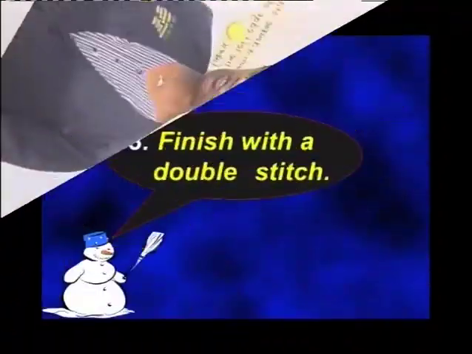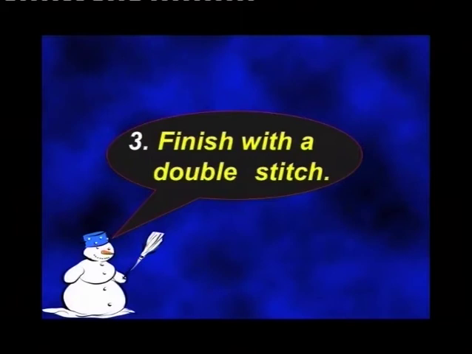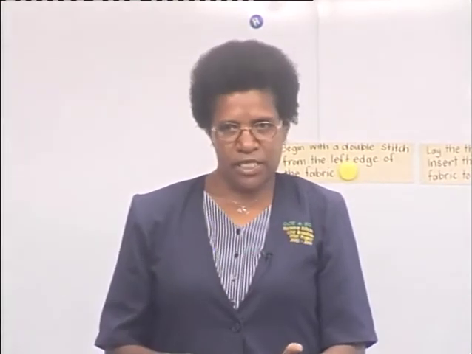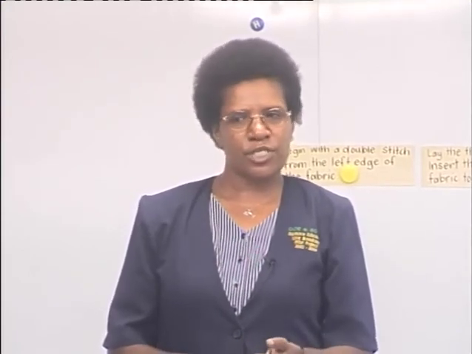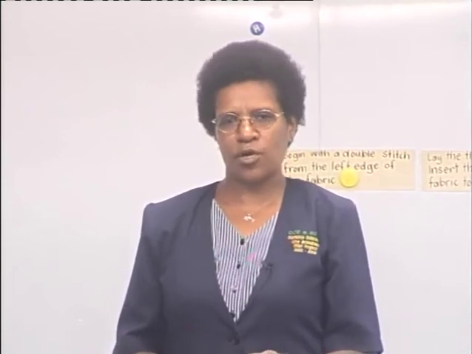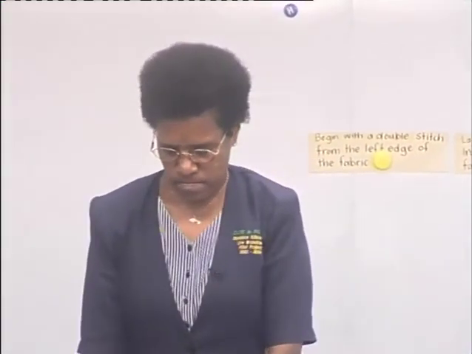Now, a reminder, once you find that your stitch is becoming shorter, you have to double stitch, get another piece of thread, begin again with a double stitch, and continue blanket stitching until you get to the end of the pillowcase.